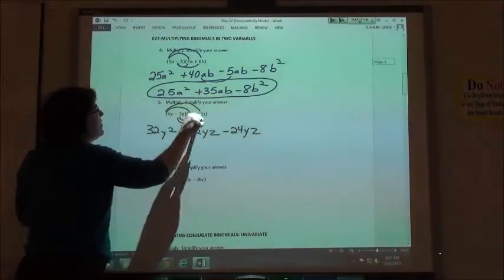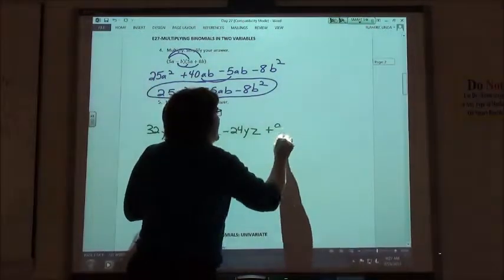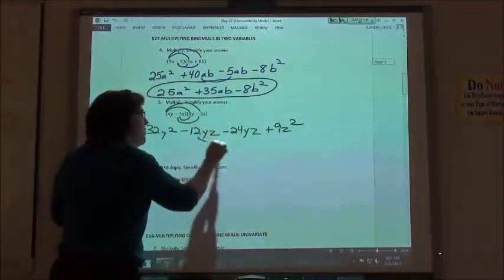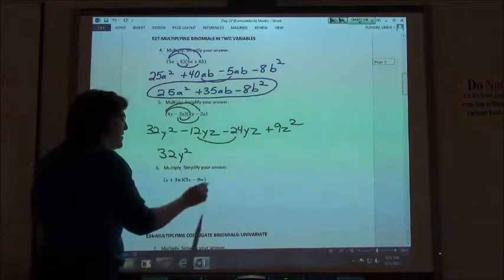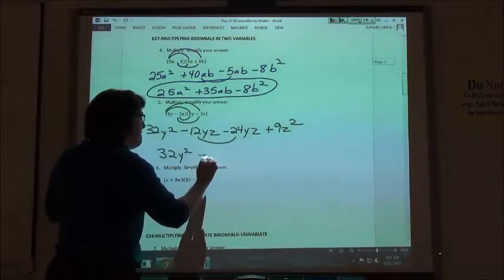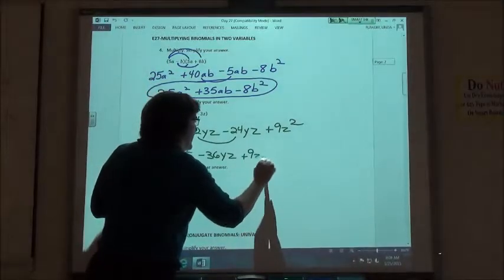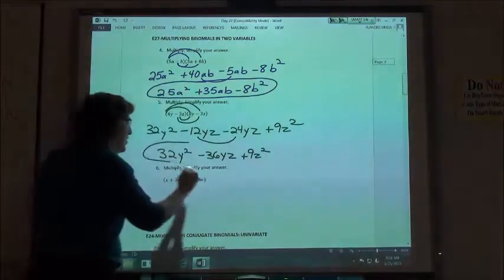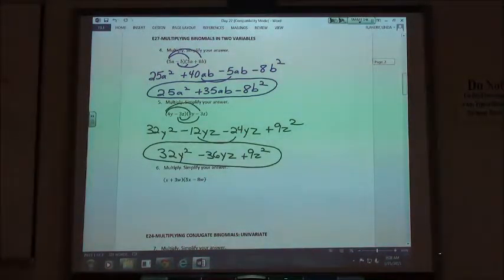And then a negative 3z times another negative 3z, plus 9z squared. So combining our middle terms, our answer: 32y squared minus 36yz plus 9z squared.